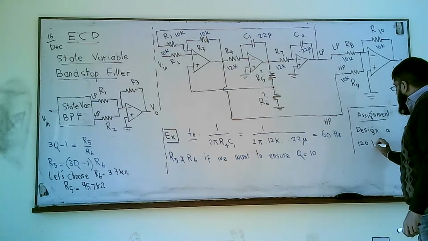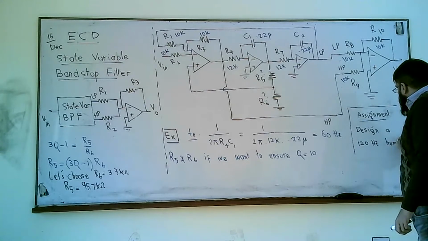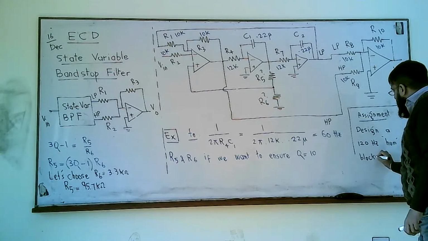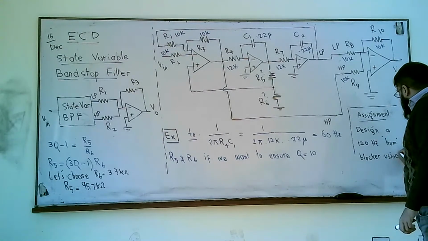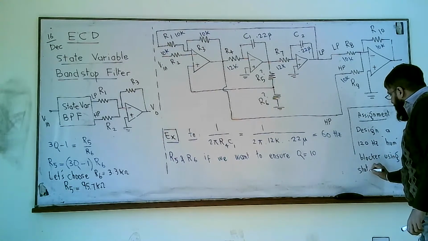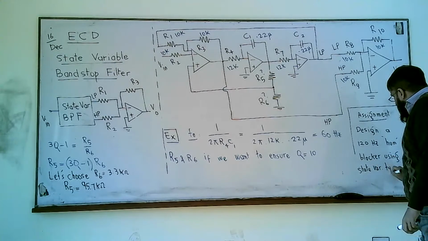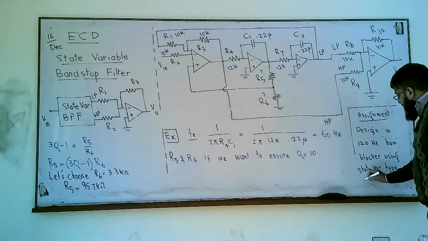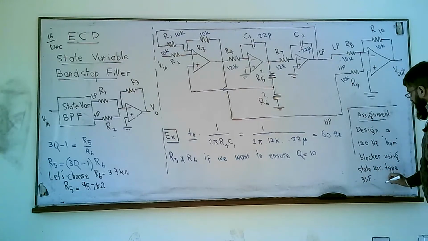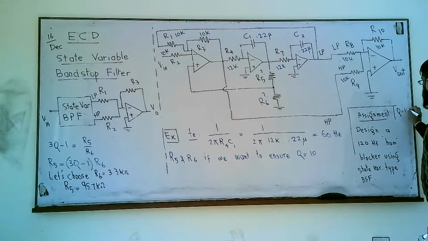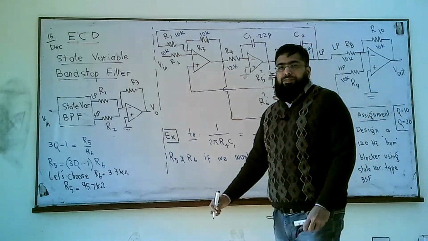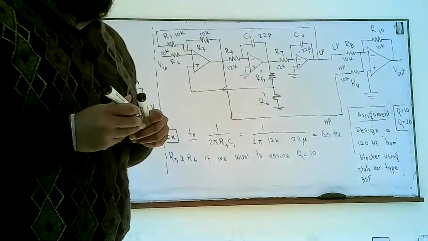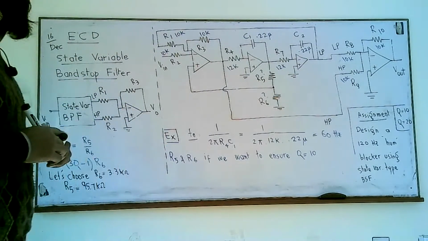Design a 120 hertz hum blocker using state variable type bandstop filter, right? And I want it to be implemented for Q is equal to 10 and for Q is equal to 20. So if you want to have higher selectivity, I want to be very selective for 120 hertz.